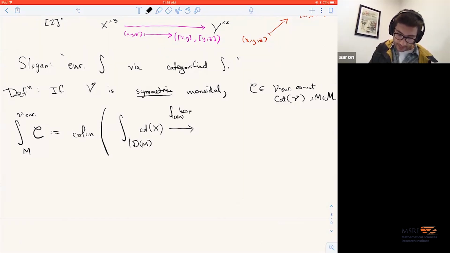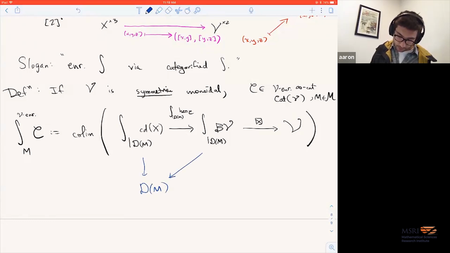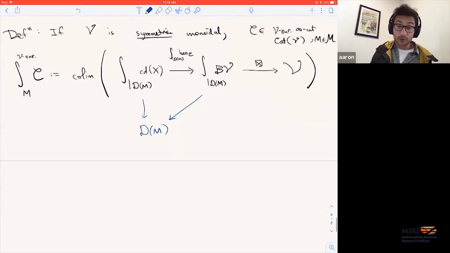So I have these category objects, CD of X, and also BV. Okay, so these two objects are bundles of categories over D of M. So I'm going to explain this definition.